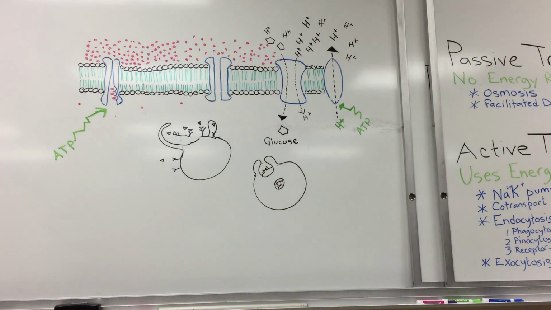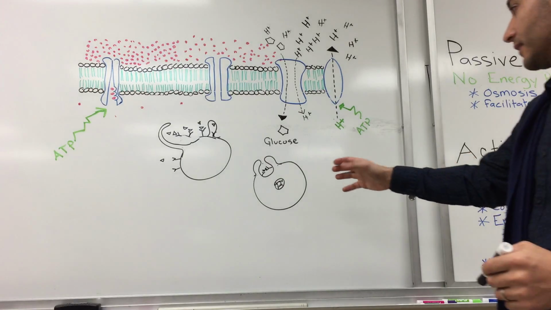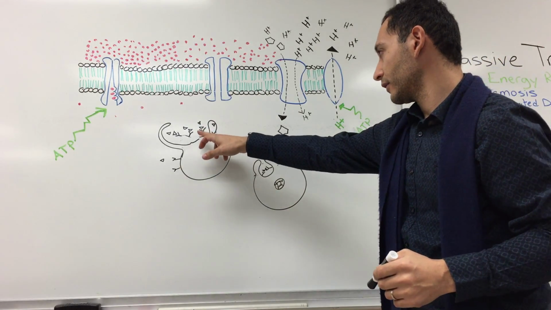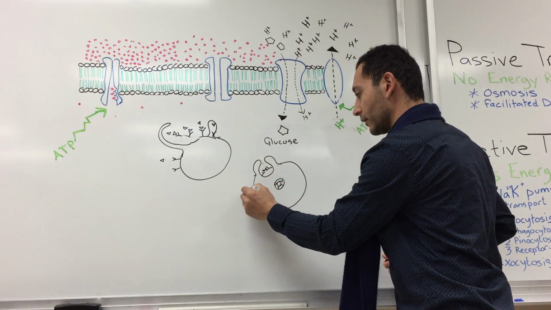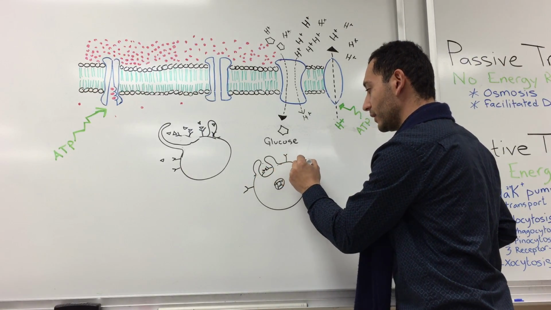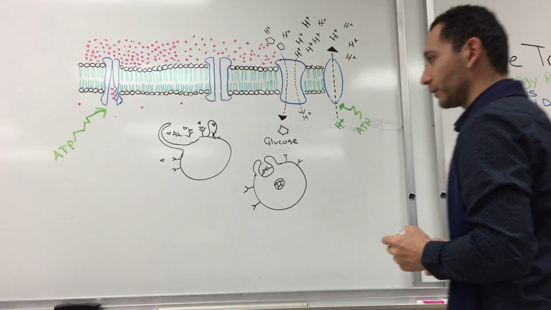It's the same idea as phagocytosis, except the molecules themselves need to bind to the receptors on the plasma membrane, and that's why it's called receptor-mediated endocytosis.